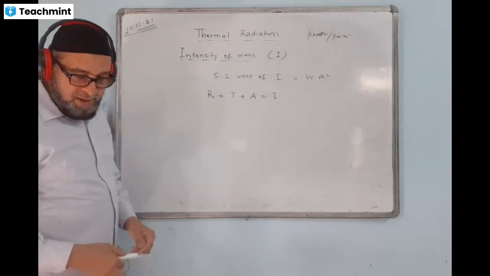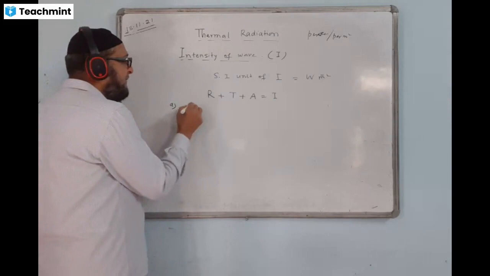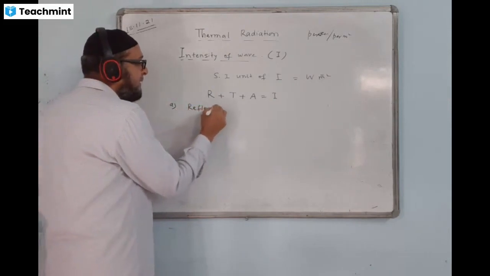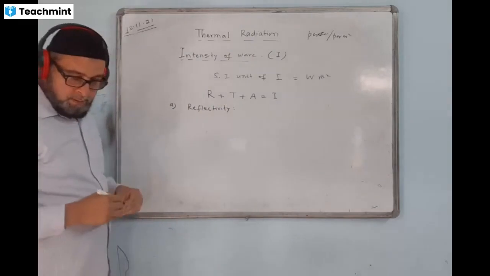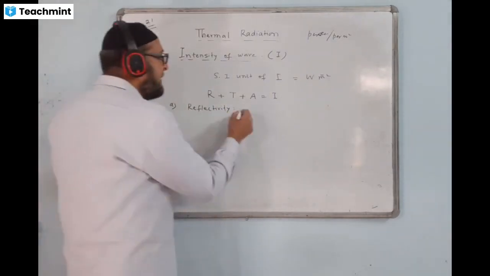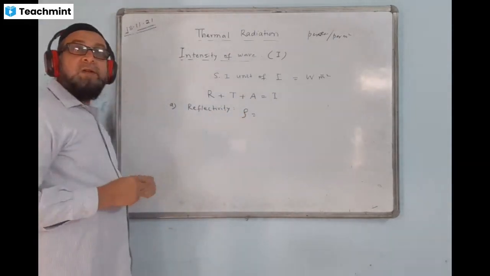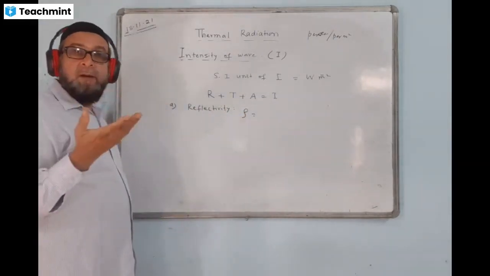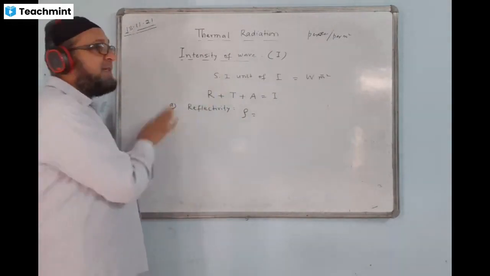Now, after that, we find the first thing called reflectivity. Reflectivity is denoted by the symbol rho. Reflectivity means the portion or fraction of the thermal radiation which is reflected.